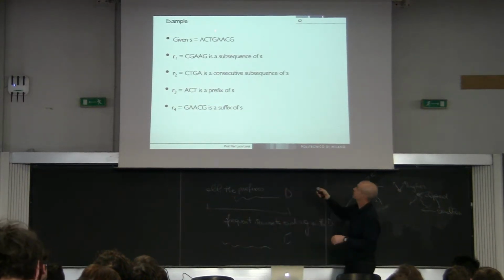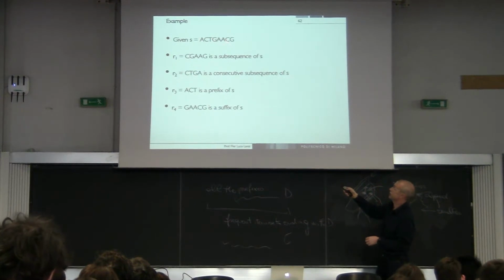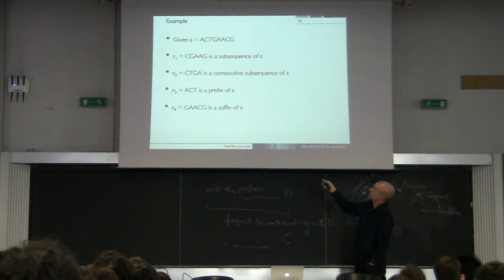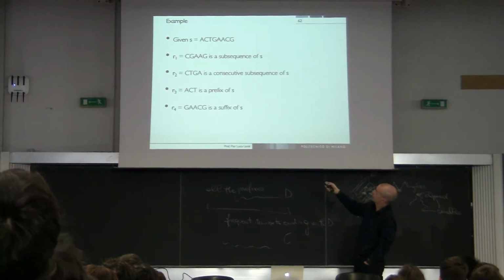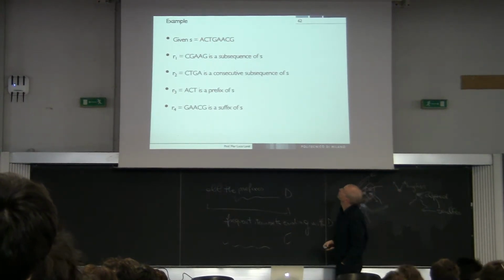So suppose that this is a sequence A, C, D, G, A, A, C, G, okay? Then A1 is a subsequence of S, because actually I can map this position to the second position, and then I don't care about the T, I can map the G here, and I can map A here, and I can map G here. So I basically don't care about A, T, and C, okay?